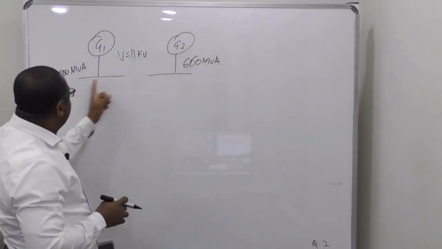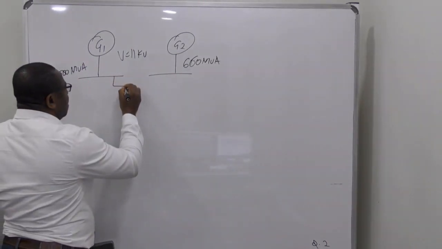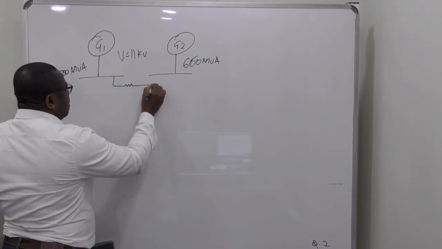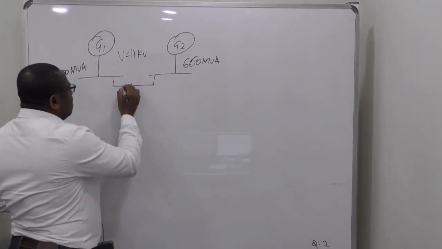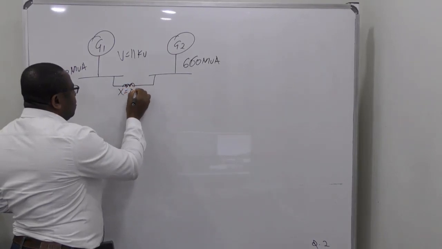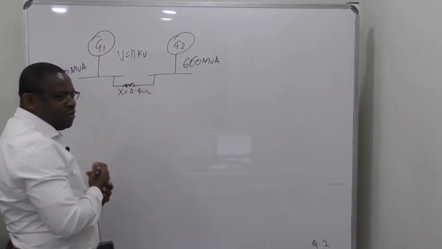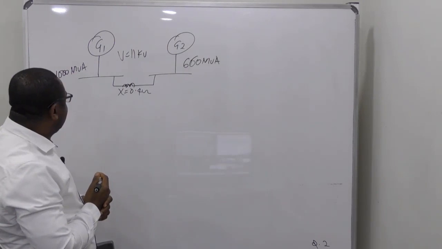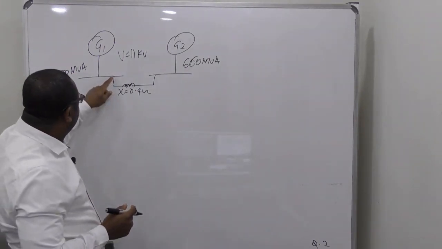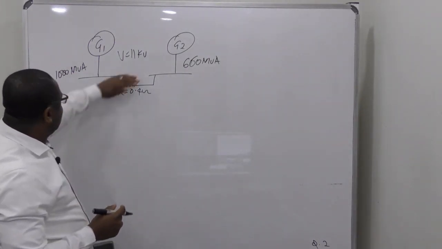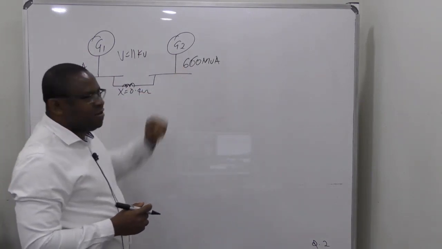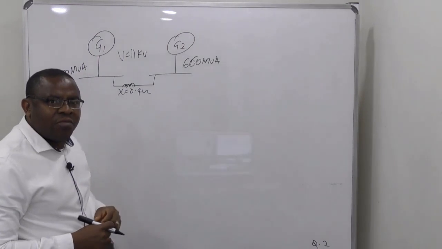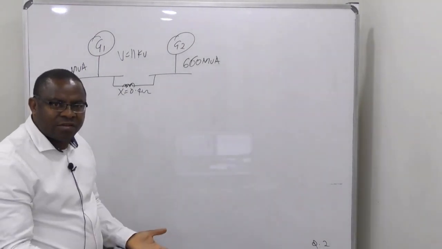Now, if you interconnect this with an interconnector of reactance 0.4 ohms, the question is, what will be the fault level at this bus bar? Remember, without this, the fault level here is 1000, the fault level here is 660. When you interconnect both of them, the fault level is going to increase.